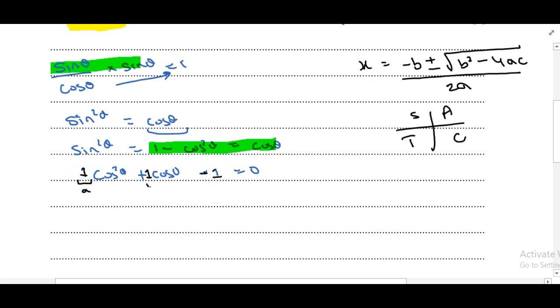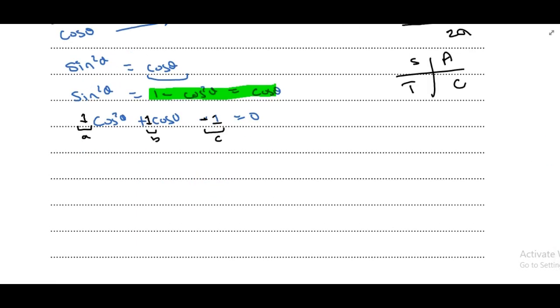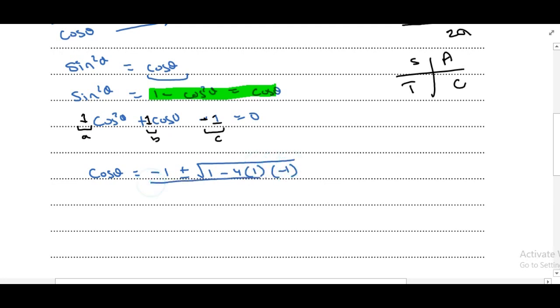This is A, this is B, and this is C. So for our case, it would become cos theta equals minus 1 plus minus square root of b square, which is 1 squared, again 1, minus 4 times plus 1, a is plus 1 and c is minus 1, so minus 1, divided by 2a, which becomes minus 1 plus minus square root of 5 divided by 2. So a is actually 1.